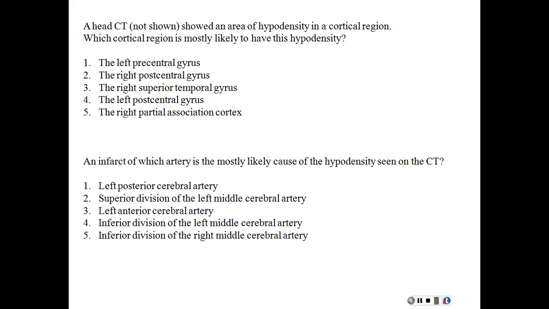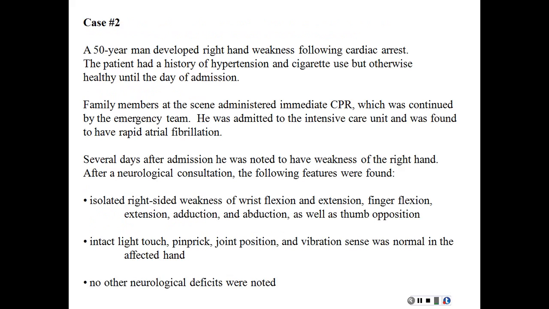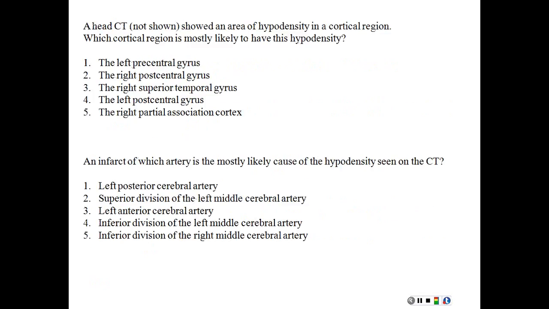Now, it's important, the first word here is left or right. So we've got to go back and ask ourselves, what hand is affected? The hand that was affected was the right hand. If we think about the right hand, where does it get its information to consciously work? The left cortex, right? So the first answer we're looking for is left versus right.